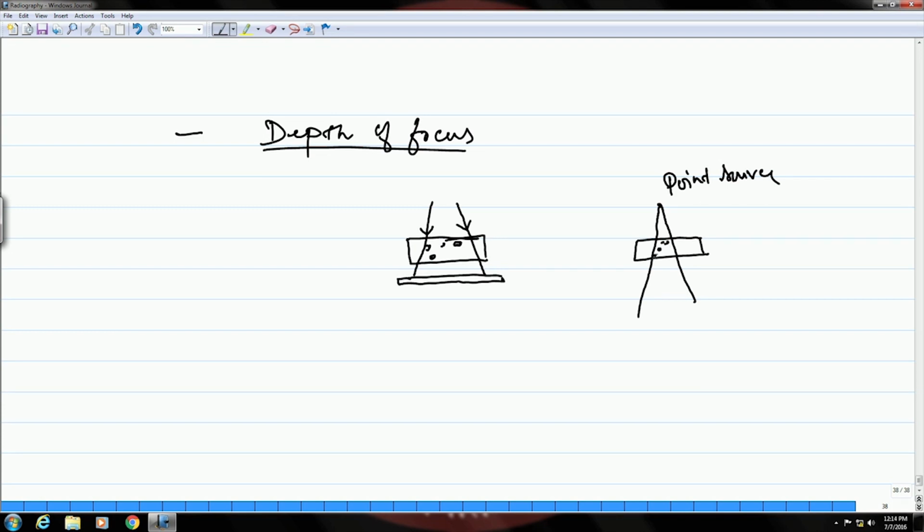So, you can see almost from top to bottom of the sample, you can focus in a single exposure itself.